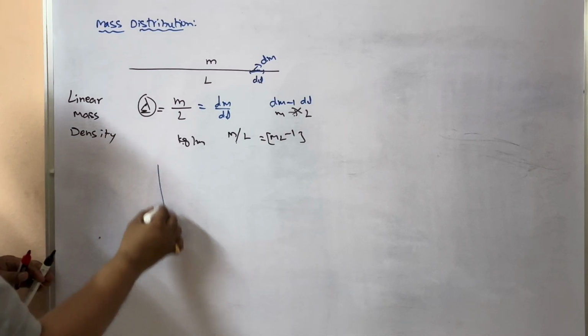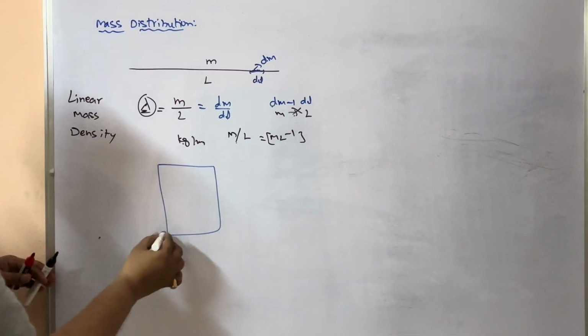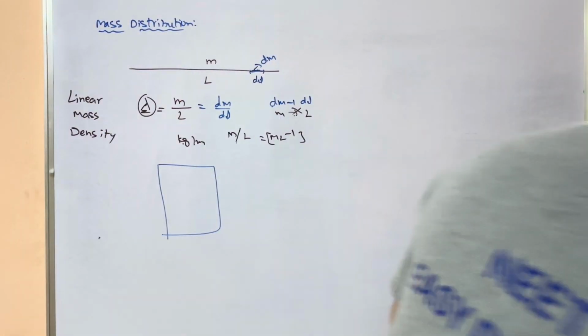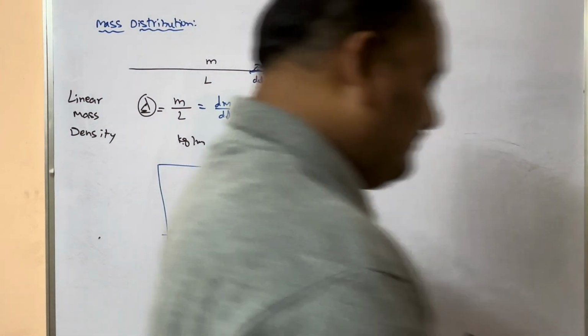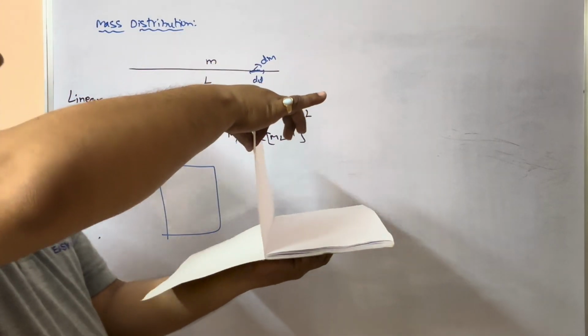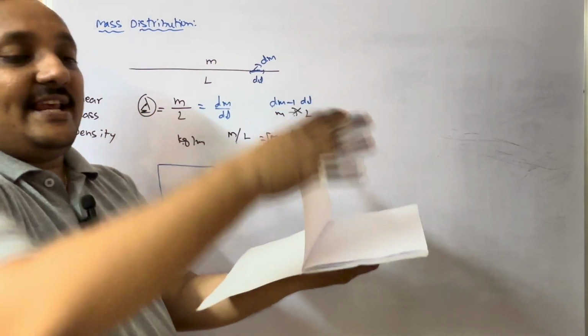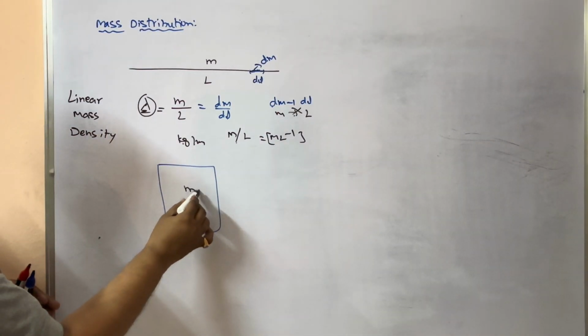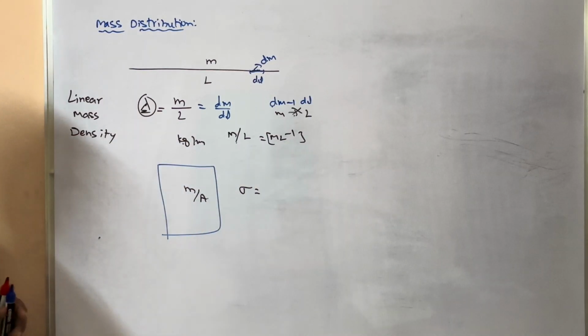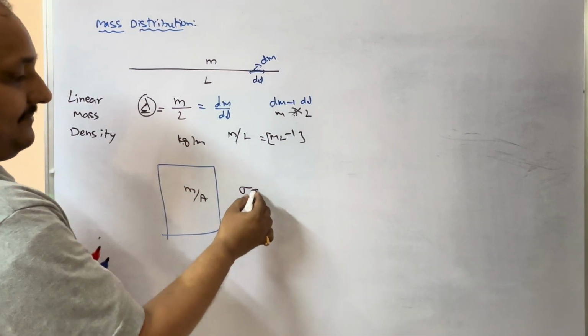Next, if you are taking a thin paper in a book, this paper has only area. So within this area, how much mass is going to be available? So mass per unit area. This is surface mass density.